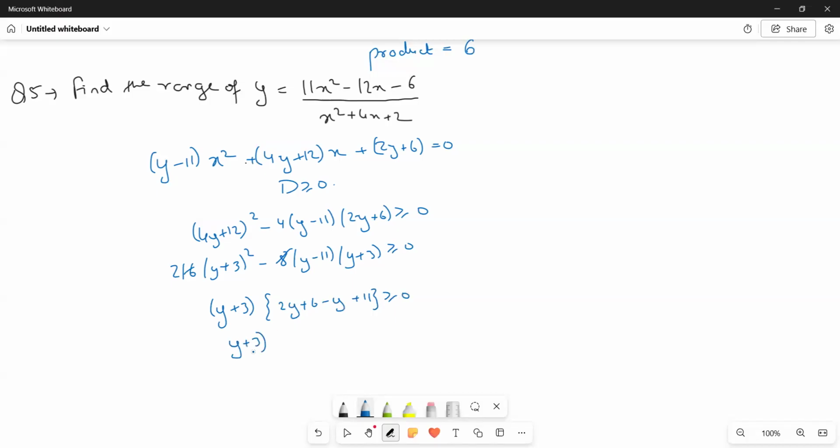So factorization हो गया (y plus 3) into (y plus 17) is greater than or equal to 0.